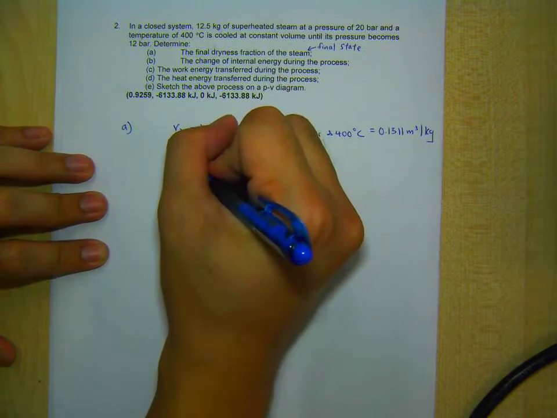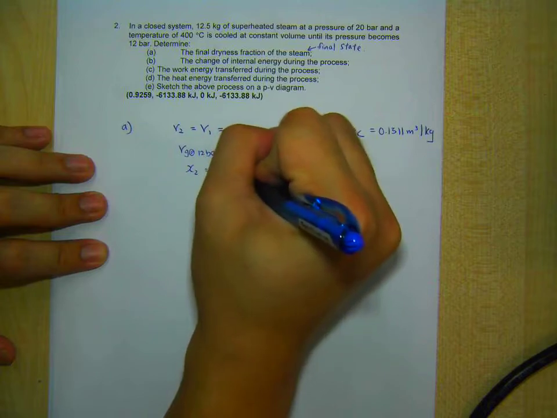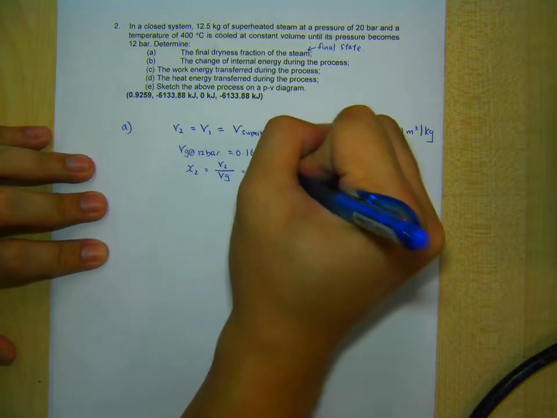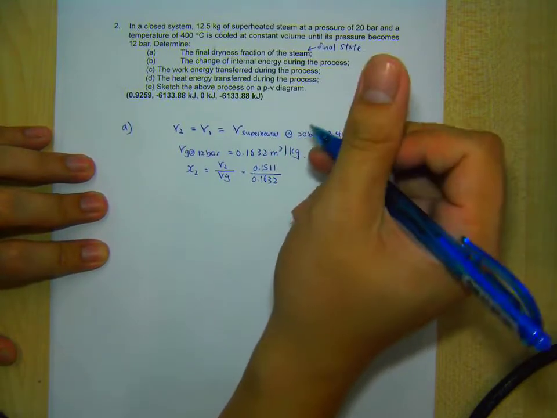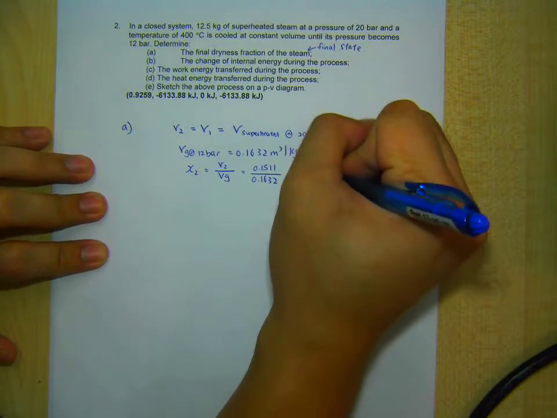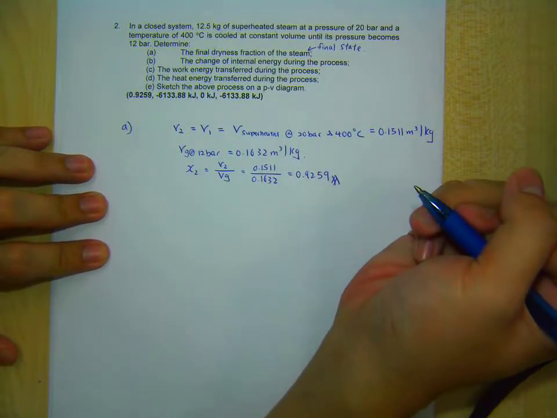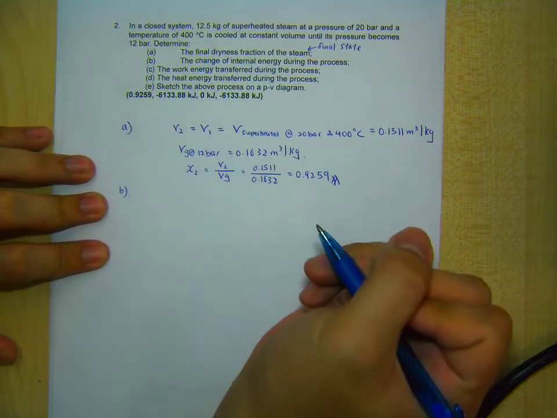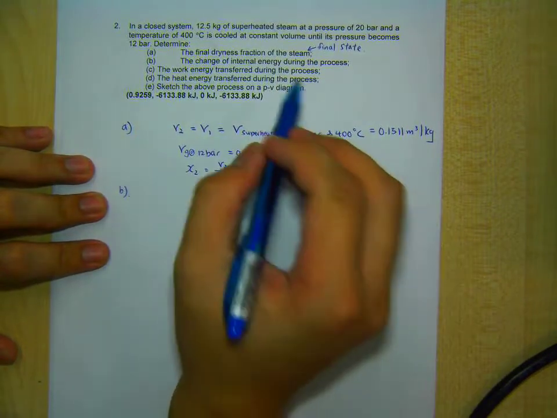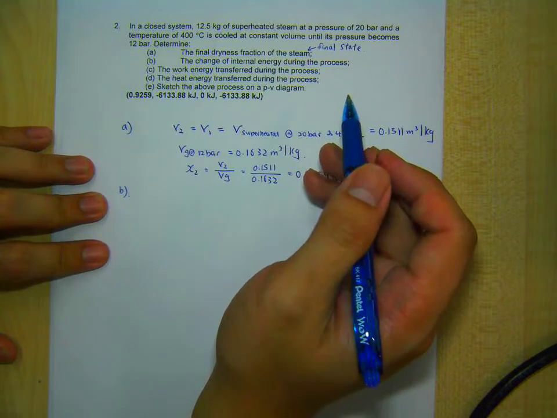So what is your dryness fraction? It will be V2 over Vg. So 0.1511 divided by 0.1632, and this gives us a value of 0.9259. Part B, the change in internal energy during the process. Same thing, we need both U1 and U2.